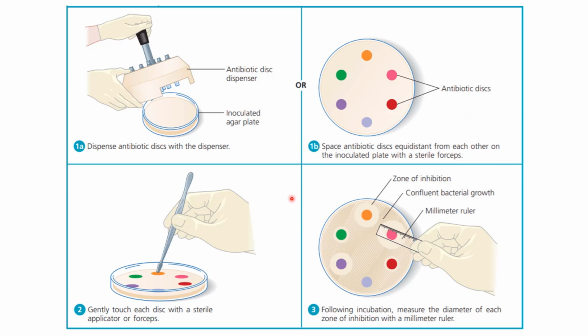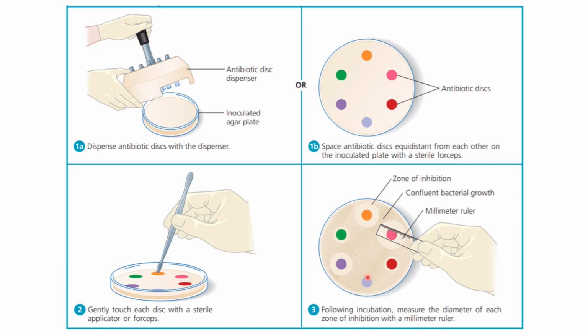After the incubation period, you can see that there is essentially a lawn of the organism that grows. If the organism is susceptible to that antibiotic, there will be a zone of inhibition. In other words, because antibiotics have diffused in this region, the organism will not be growing.